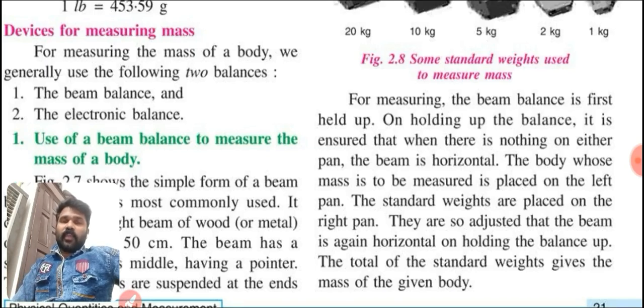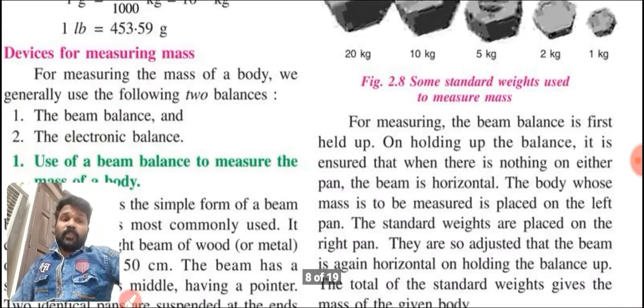And also you have to verify whether the beam is horizontal or not. Sometimes the beam can be in a slant position on one side or another side, so that has to be checked.